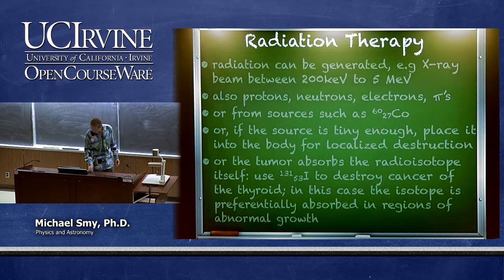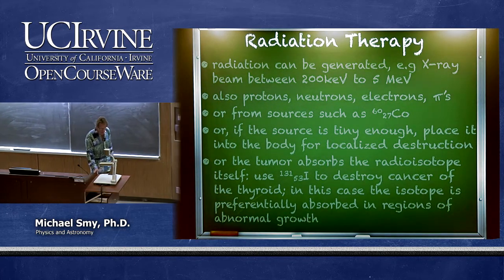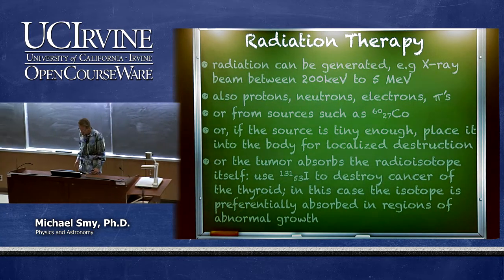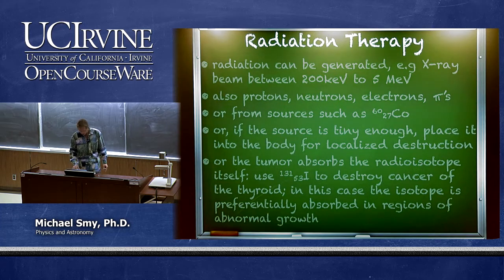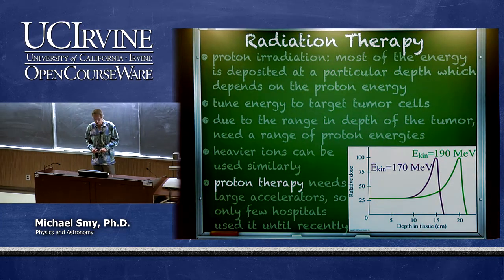An additional benefit in this case is that the thyroid tends to absorb the iodine, in particular in regions where it grows abnormally. So therefore it is more targeted than it would be otherwise.